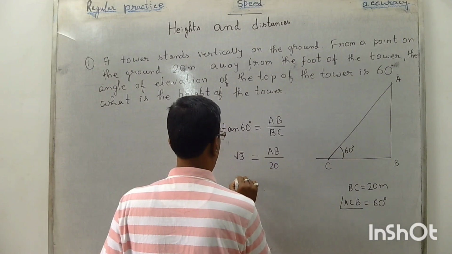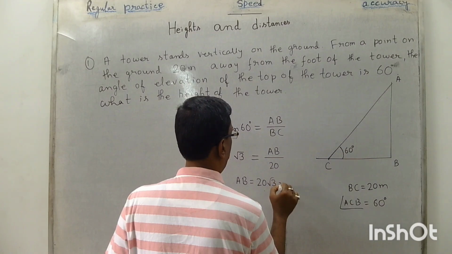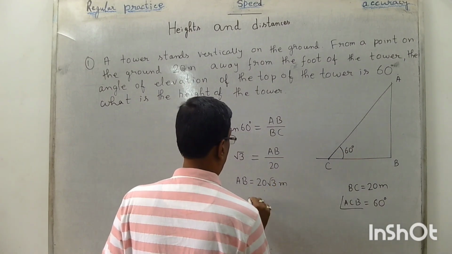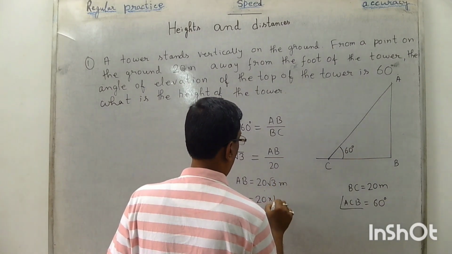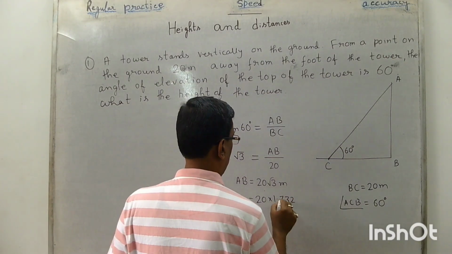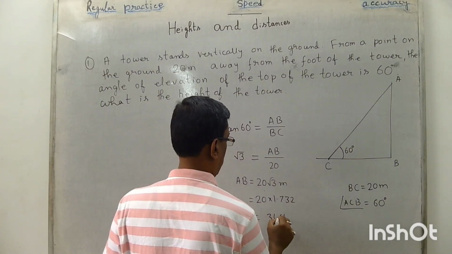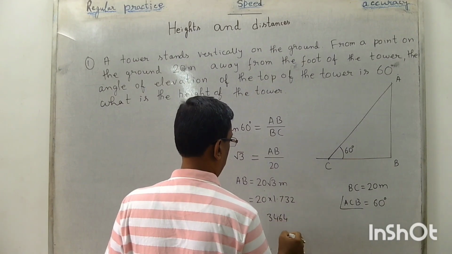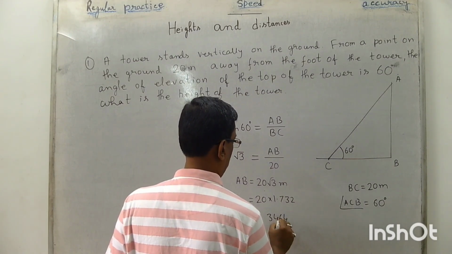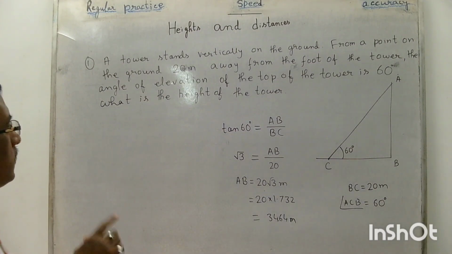AB equals 34.64 meter. This is the height of the tower. This is problem number 1.